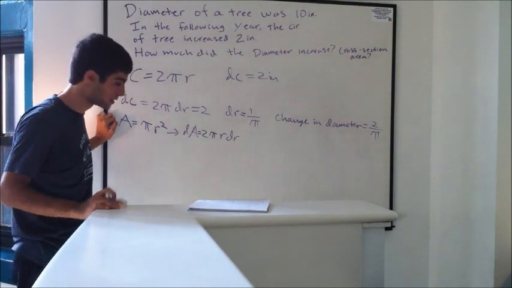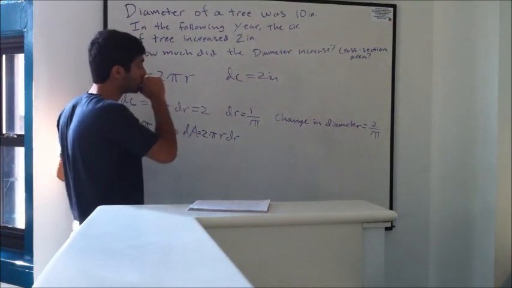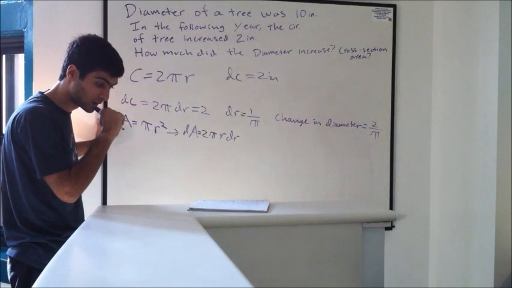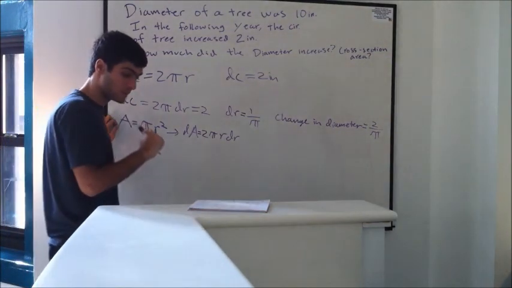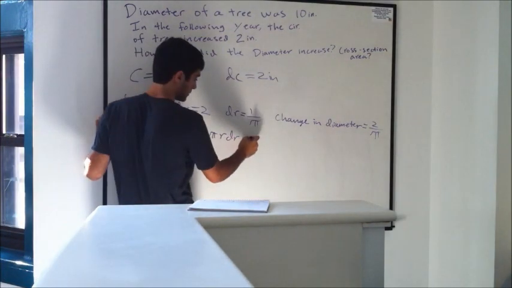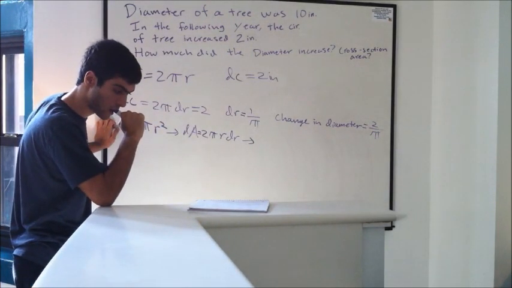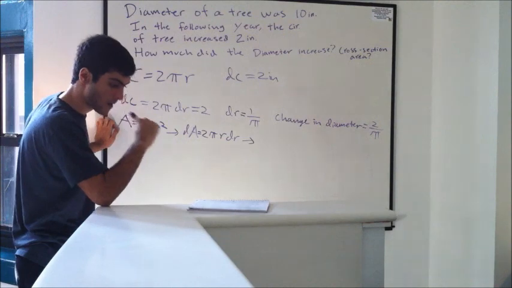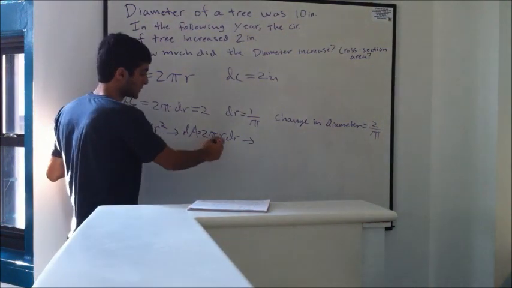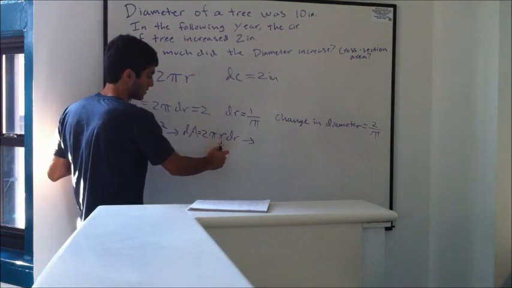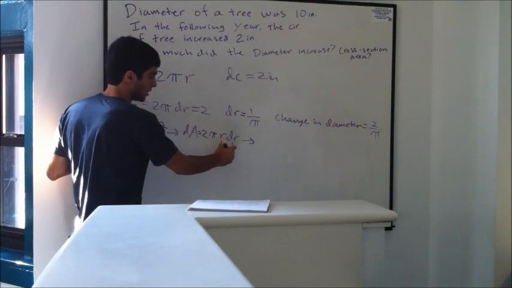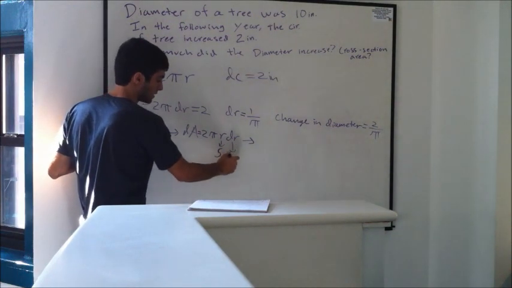So we know that the radius is 5, and we know dr is 1 over pi.